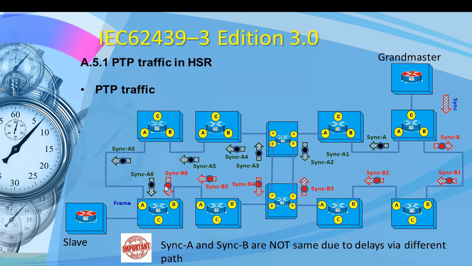These two sync messages are not the same as regular traffic, because the correction field values are different between sync message A and sync message B. The receiving RedBox, based on BMCA, forwards the best sync message to the slave clock.